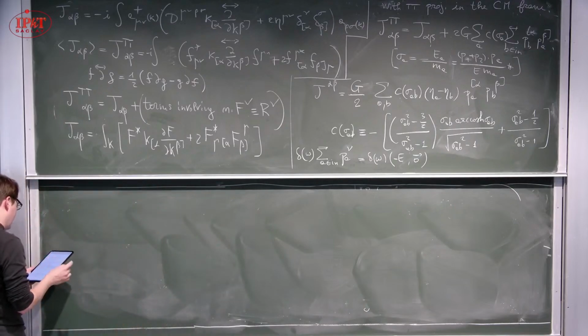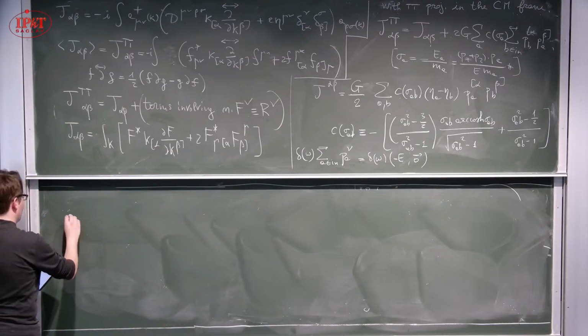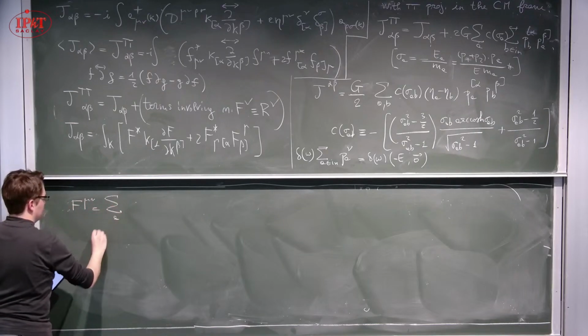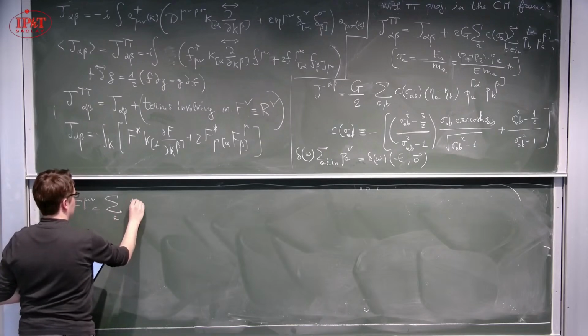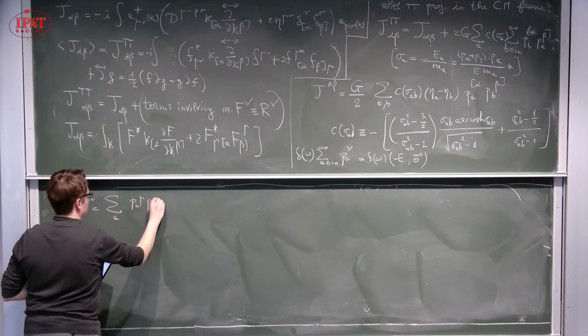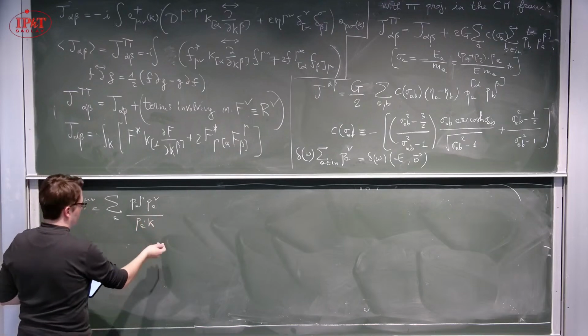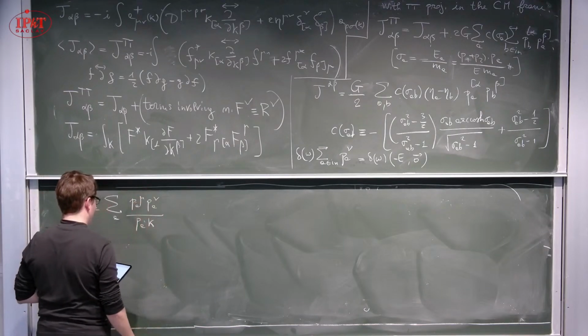So the key observation is that even the original expression for F, right? We wrote it as a sum over all the particles, minus i epsilon. Let me neglect the i epsilon notation for a second.